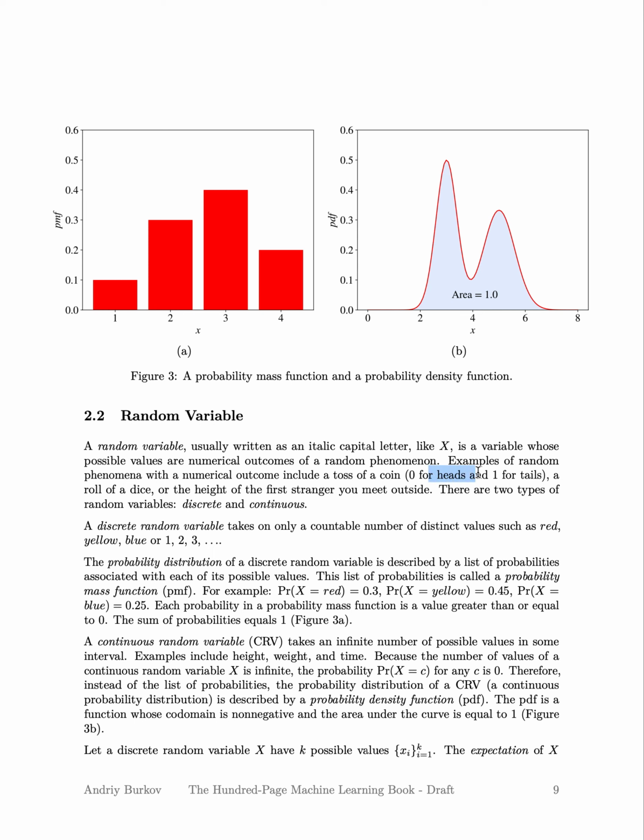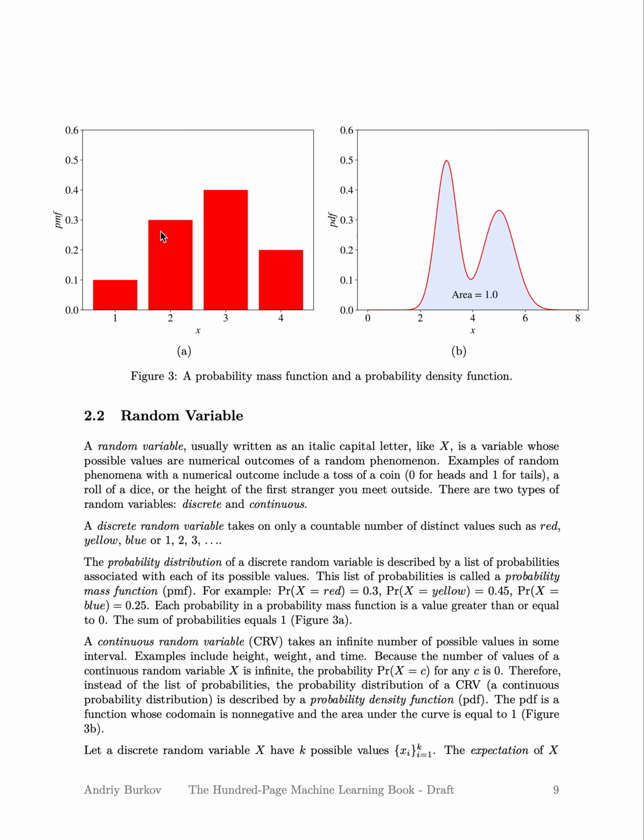So there are going to be random values, right? And there are two types of random variables, discrete and continuous. A discrete random variable has a limited number of outcomes possible, like you might have values such as red, yellow, blue, or in the case of rolling the dice, numbers 1 to 6, right?